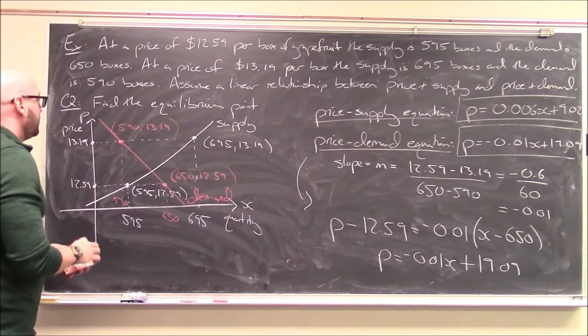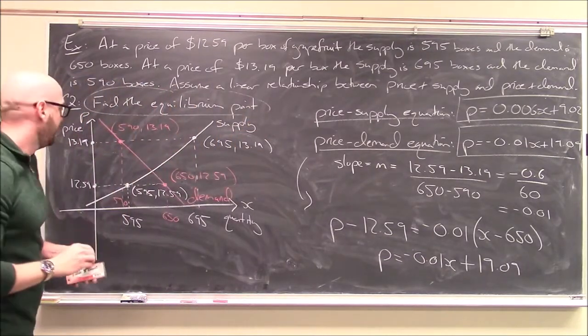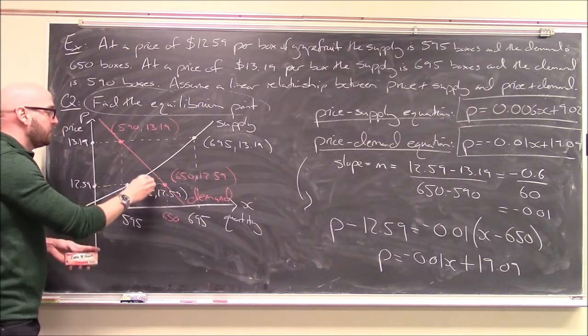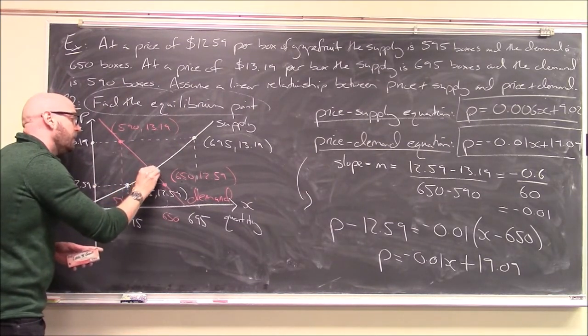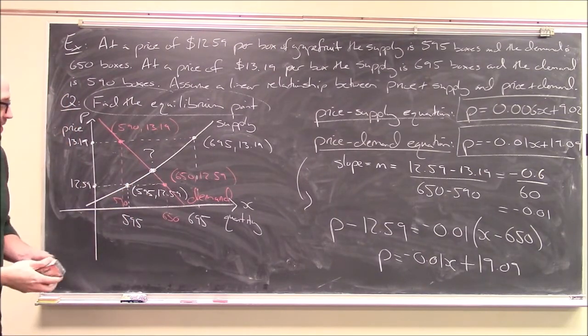Last but not least, what was the actual question? The question was find the equilibrium point. In other words, when does price equal demand? What is this point of intersection right here? This is what we're looking for.